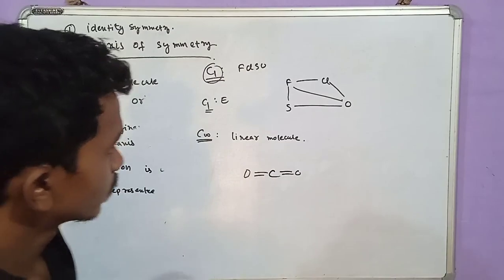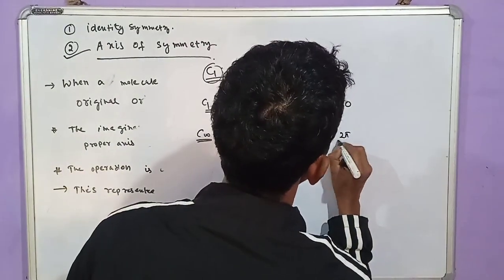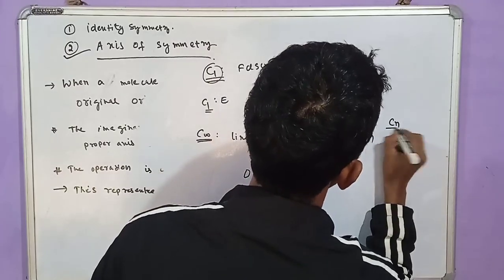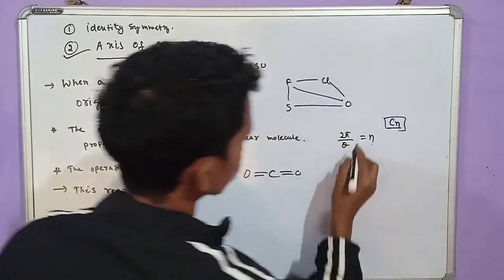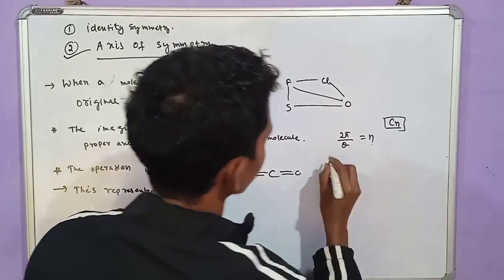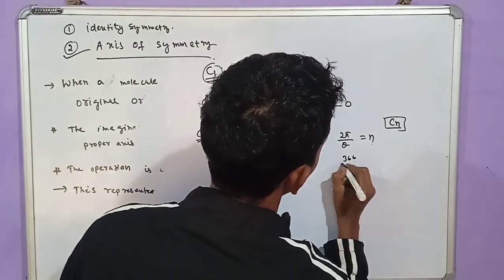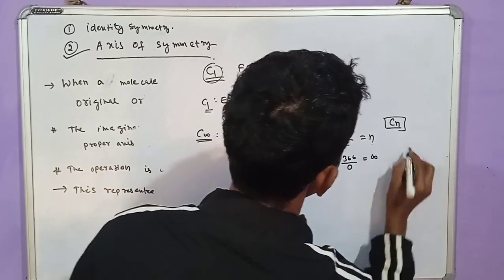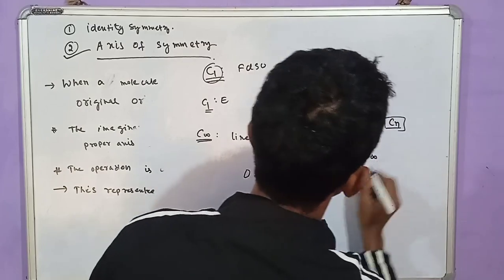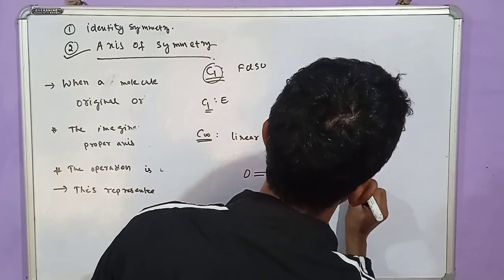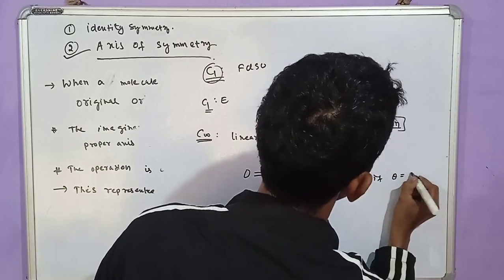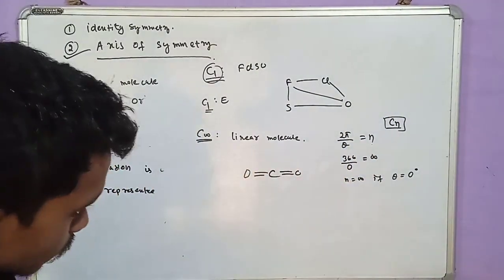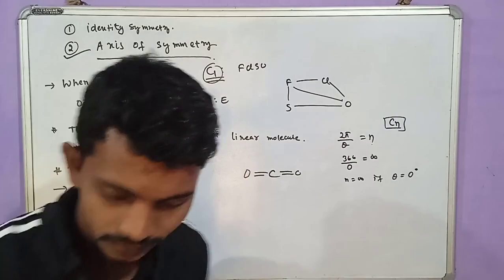In these molecules we know that 2 pi upon theta equals n for Cn. So if 2 pi is 360 upon theta, and theta is 0, then n is going to become infinity. It means n is infinity if theta is 0 degrees.